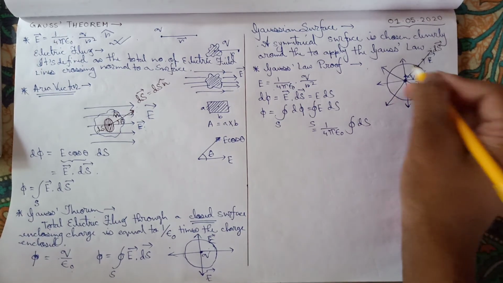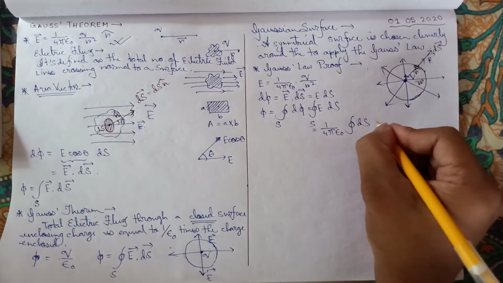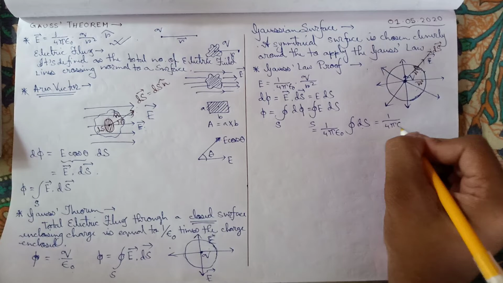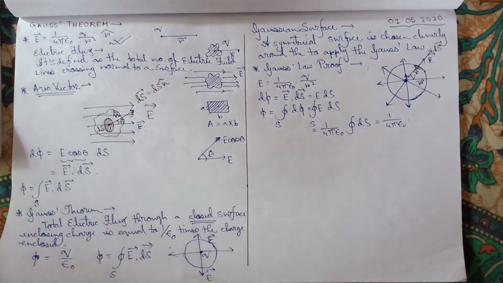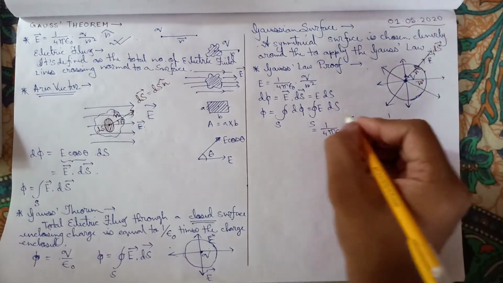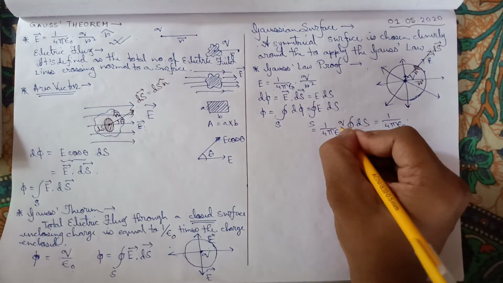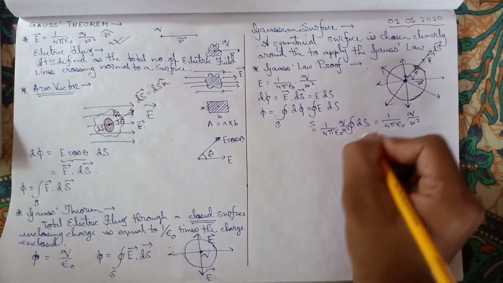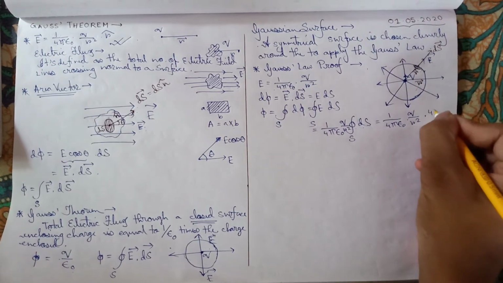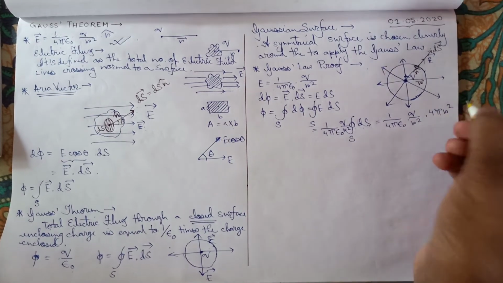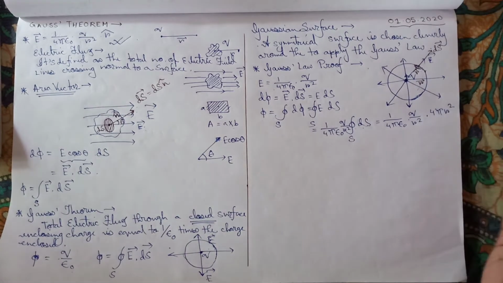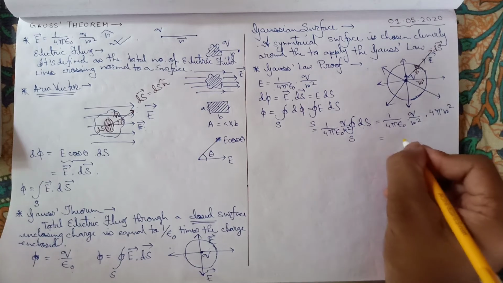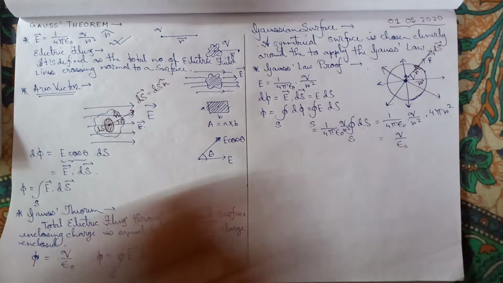It will be the total surface area of the sphere of radius r, which is 4 pi r square. So 4 pi will be cut down, r square will be cut down, and it will only remain q by epsilon naught.